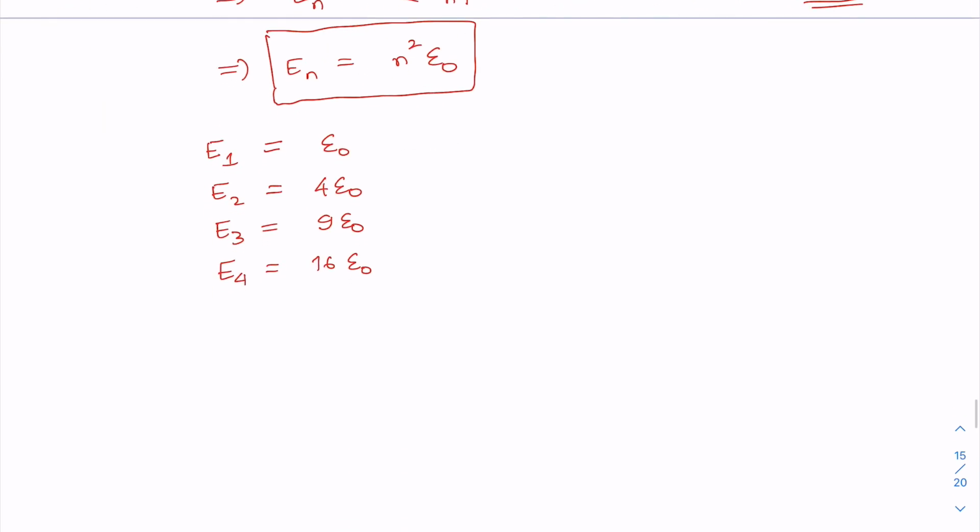Well, the probability of getting the energy E1 would be, you are in the state psi 0, then you go to the state phi 1, because phi 1 corresponds to the energy E1, so its probability would be mod square.